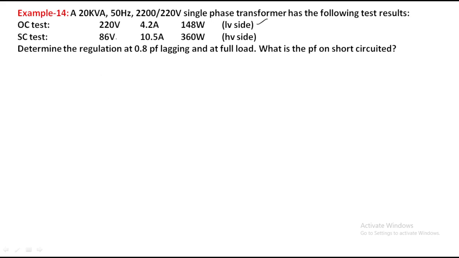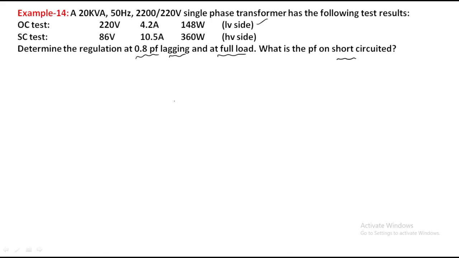From the SC test: 86 volts, rated current, and copper loss component. Determine the regulation at 0.8 power factor lagging at full load. What is the power factor on short circuited condition?